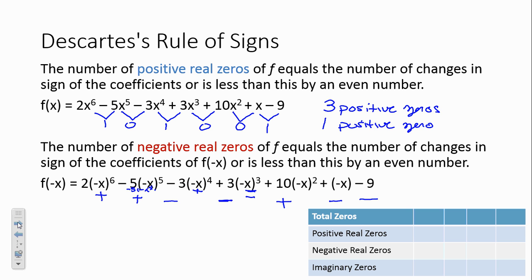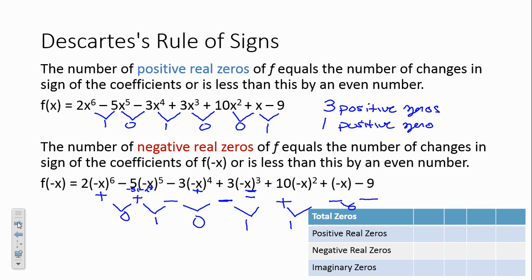Positive to positive, do we change the sign? Nope. Positive to negative, do we change the sign? Yes. Negative to negative, do we change the sign? Nope. Negative to positive, do we change the sign? Yes. Positive to negative, do we change the sign? And how about negative to negative? Nope.